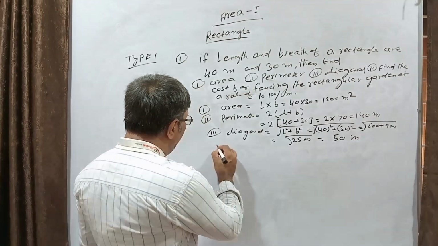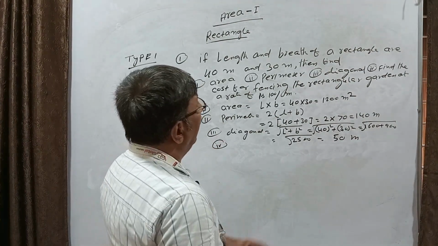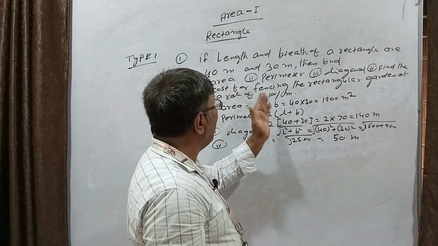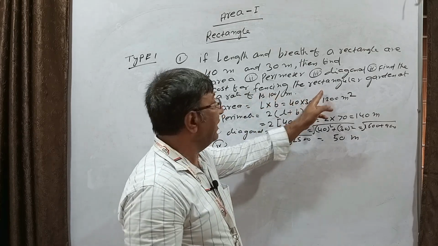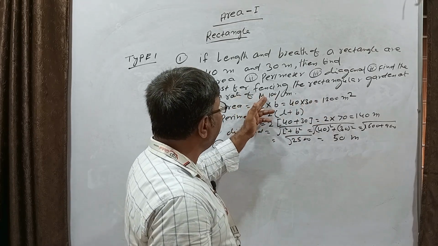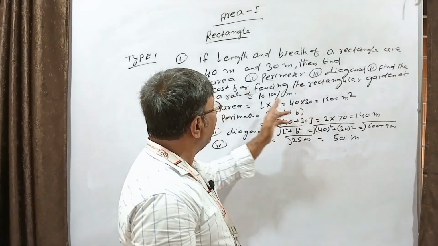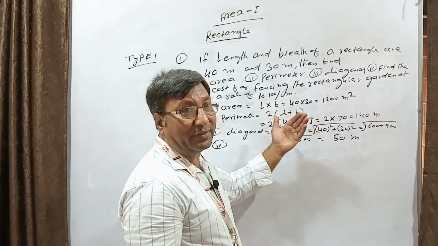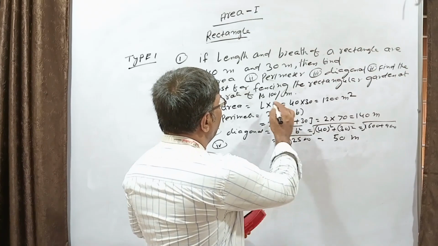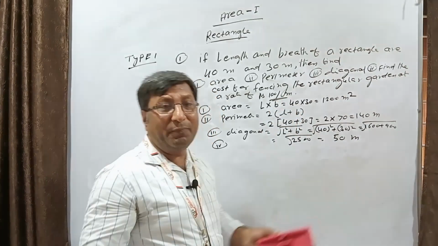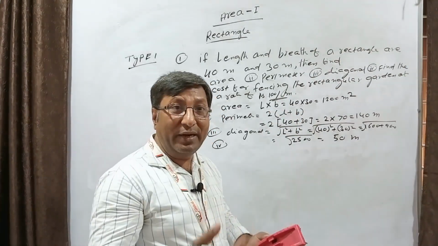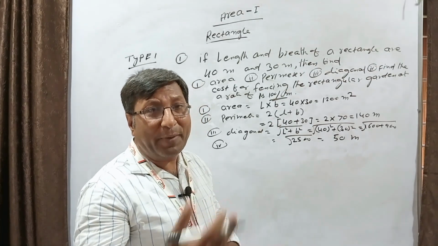Now the last, fourth point: find the cost for fencing the rectangular garden at a rate of 100 rupees per meter. Here the rate is given as 100 per meter. This is the important point: when the rate is given per meter, we have to multiply the rate by the perimeter.